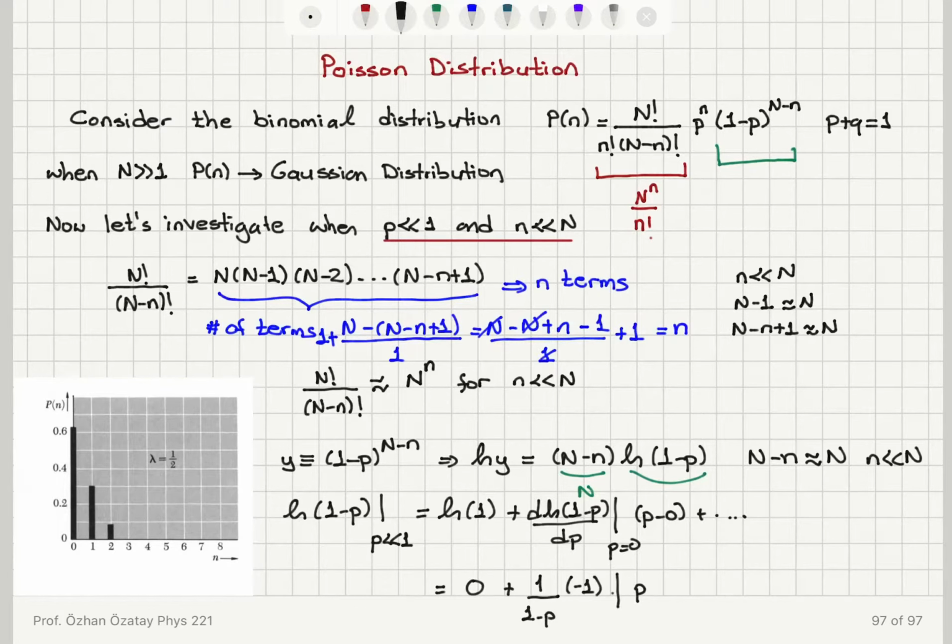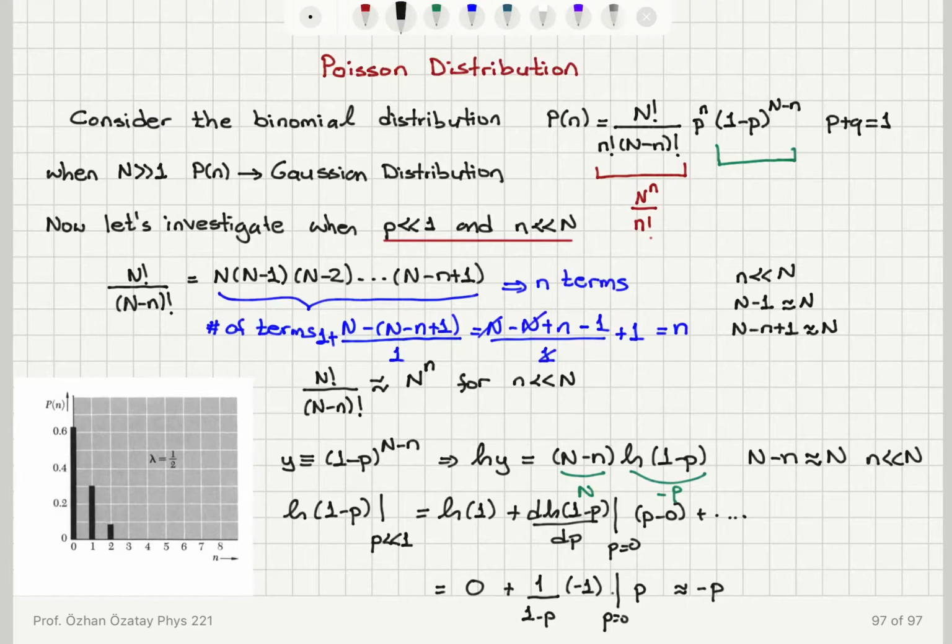This is going to be evaluated at p is equal to 0 here. So I will have approximately, if I neglect the higher order terms, minus p. So that means I'm going to replace this term with minus p.